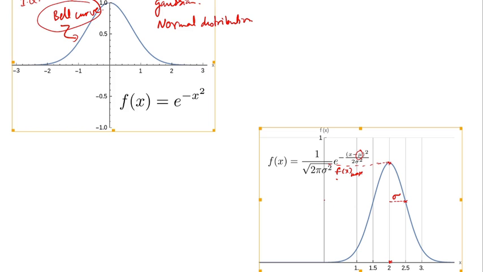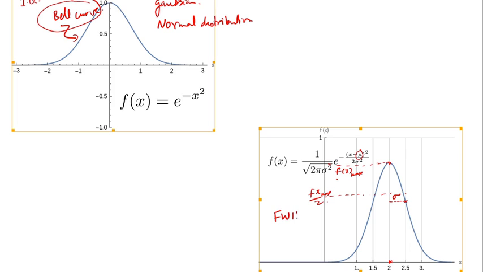You will see that f x max by 2 lies somewhere here. So this is f x max by 2, and sigma is related to it by this particular relation.